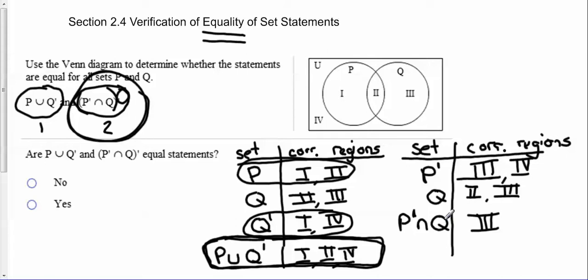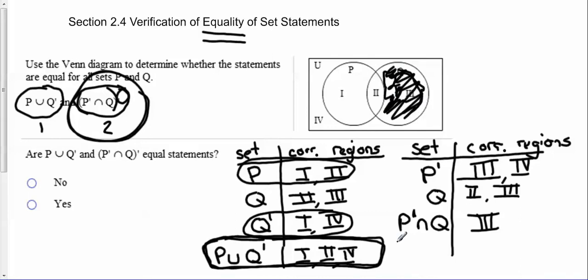Q means inside of Q. So we want the elements that are both outside of P and inside of Q, which would just be those in region 3 in the Venn diagram. These elements here are outside of P, yet still inside of Q.